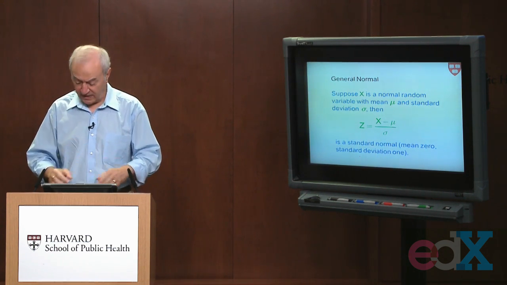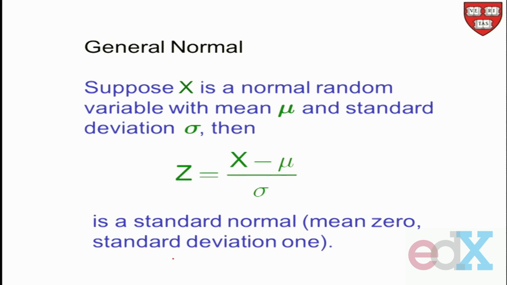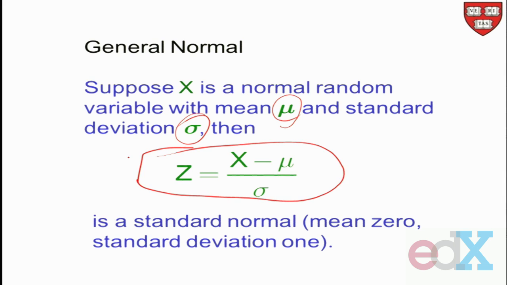And here it is. If you want to talk about a general normal that has a mean mu and a standard deviation sigma, then standardize it. Translate whatever statement you want to make about your x into a statement about z, where z is your standard normal and their relationship is right there.